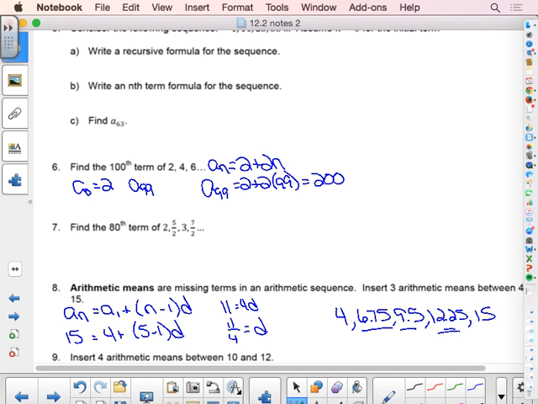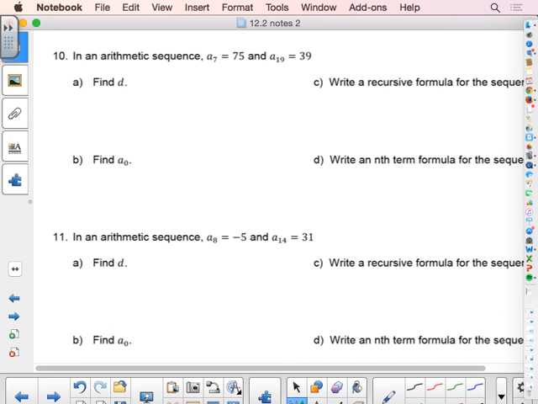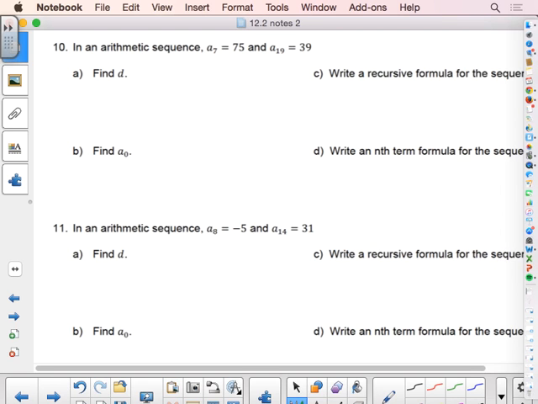The last one I want to take a look at is number 10. Number 10 says in an arithmetic sequence, a sub 7 is 75, a sub 19 equals 39. You are to find the common difference d. So we had a sub 7 is equal to, let's see.